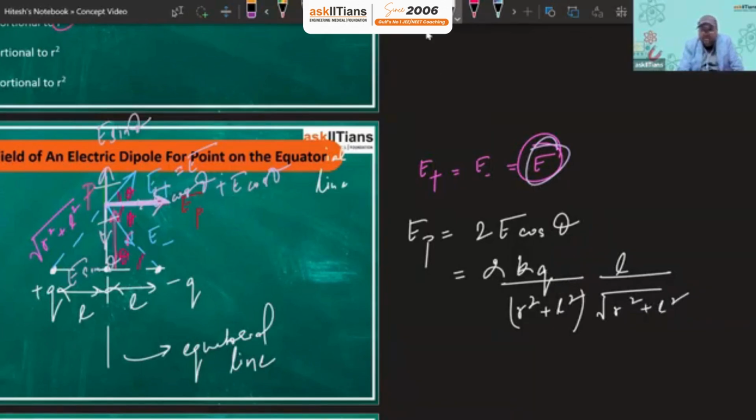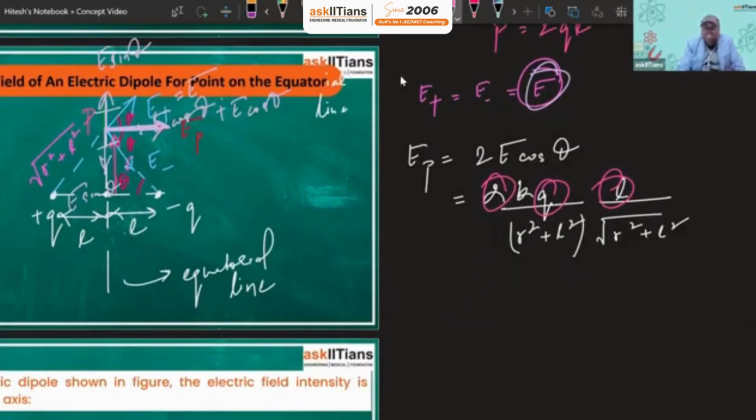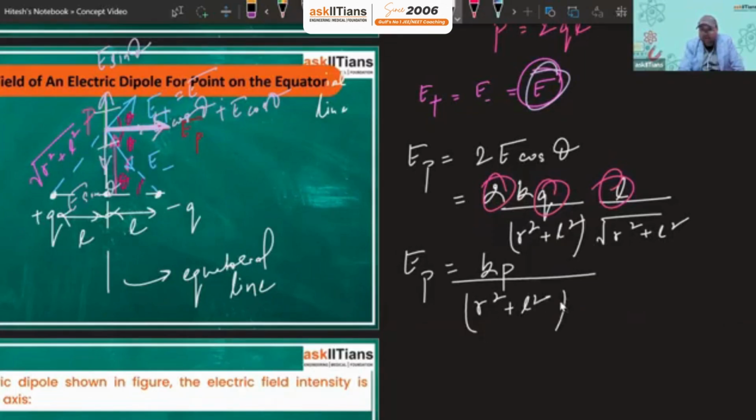So here we have 2, we have Q, we have L. This is P, because we know that P is equal to 2QL in this situation. So we can write it like this. So EP becomes kP by (r square plus L square) to the power 3 by 2.